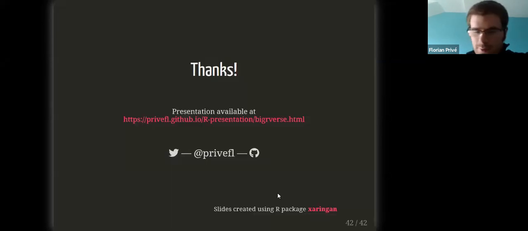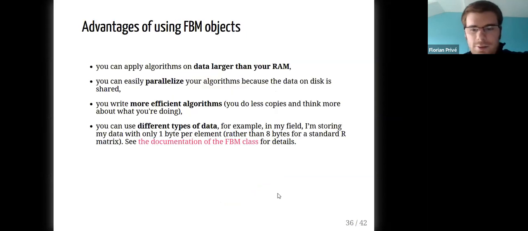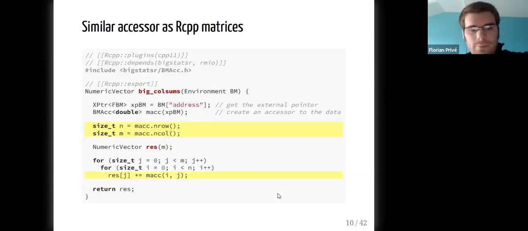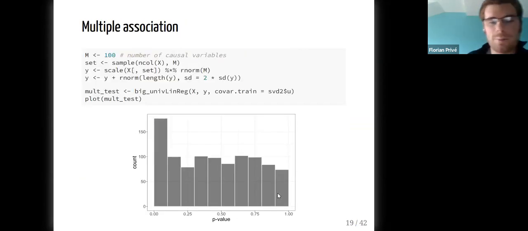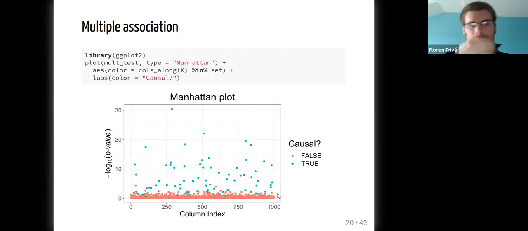So here it's the histogram of the p-values. Also, we are in R, so we can just use ggplot to plot the results.